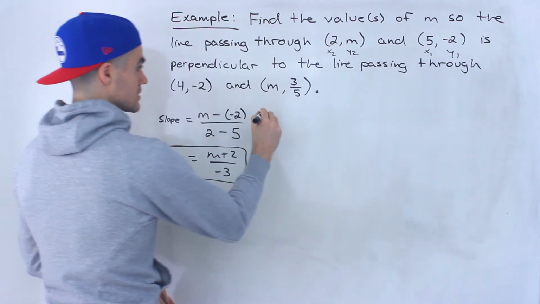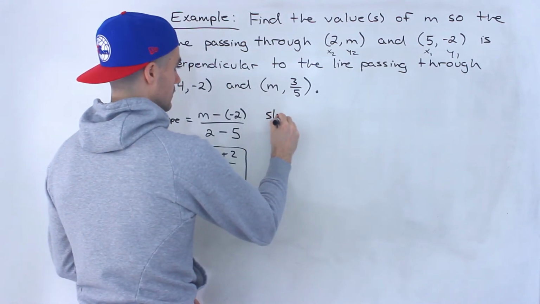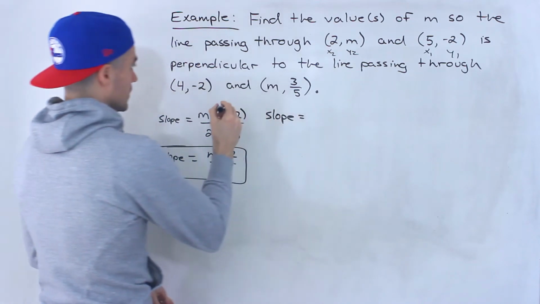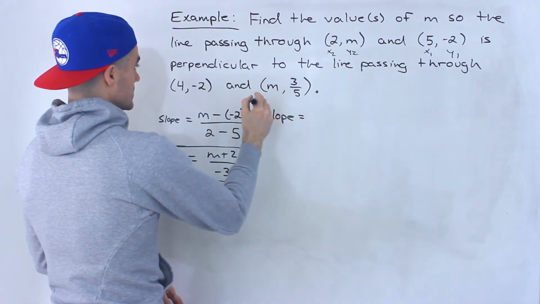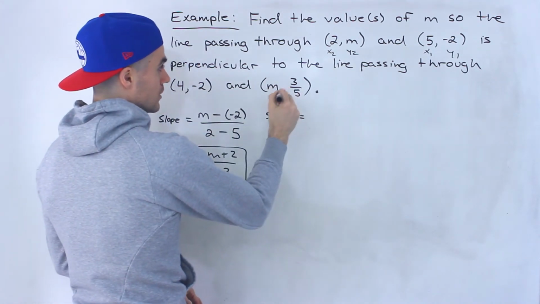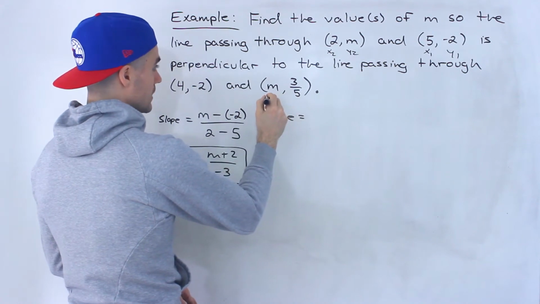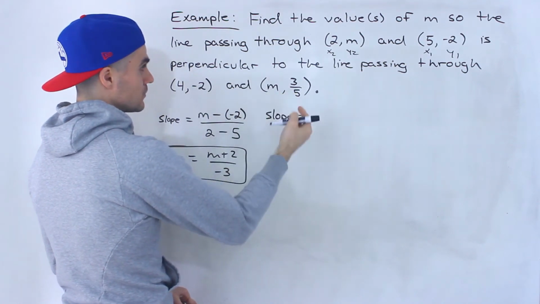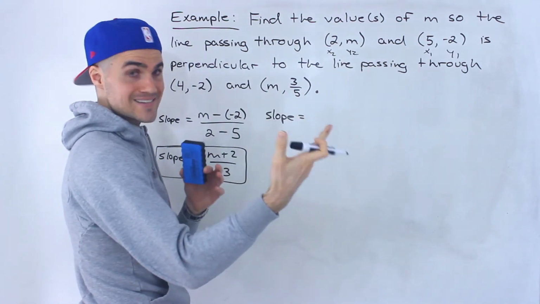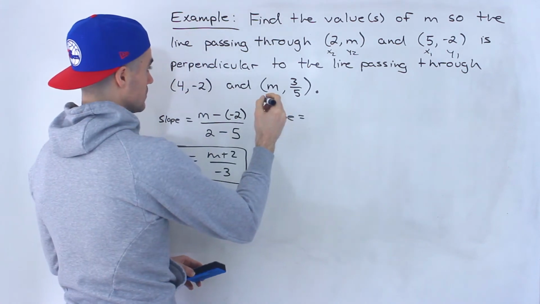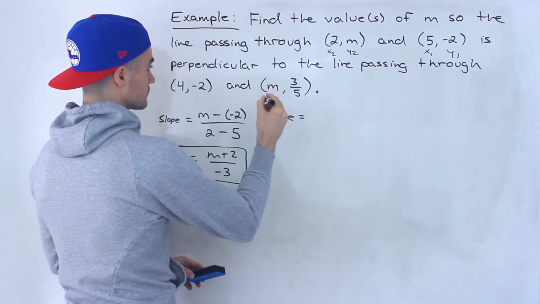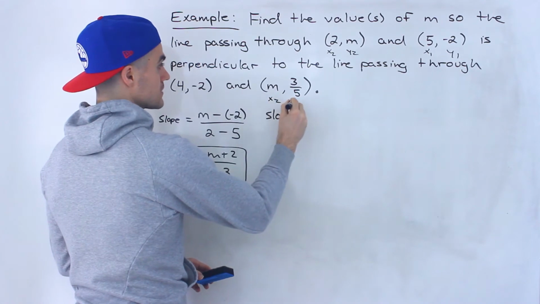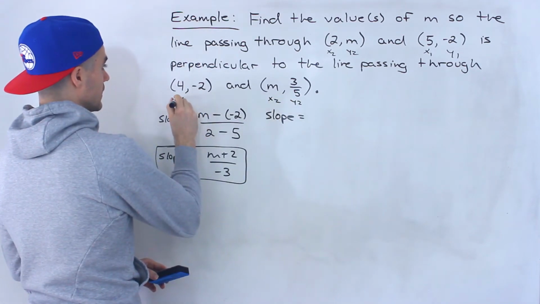And now let's get the slope for this line over here. So I'll label this, it doesn't matter which way you go. I tried to make it so I deal with as few negatives as possible. So what I'll do, let's just do x2, y2 here, and then I'll do x1, y1.